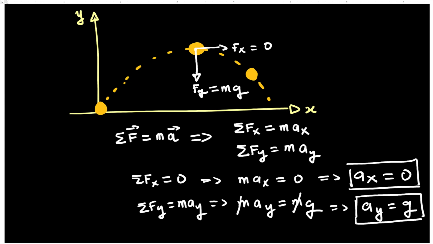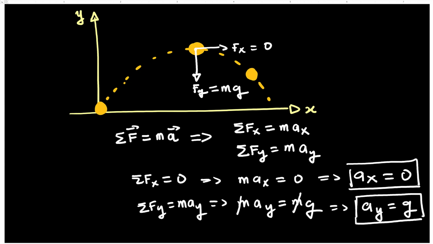Now, the acceleration in the y direction is constant. What does this imply? It implies that the vertical motion is uniformly accelerated motion with a constant acceleration. Now, the third thing that you need to keep in mind is the fact that gravity only acts vertically downwards. This simply implies that gravity only affects the vertical motion and does not influence the horizontal motion.